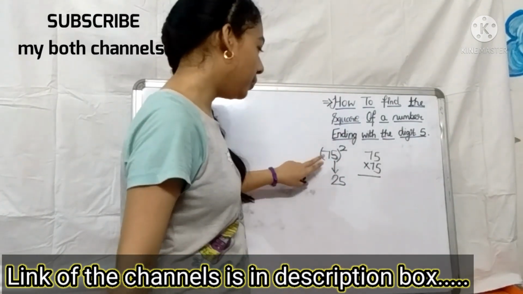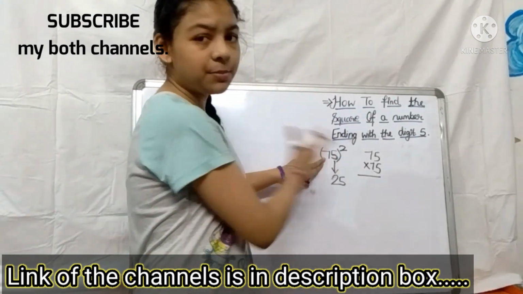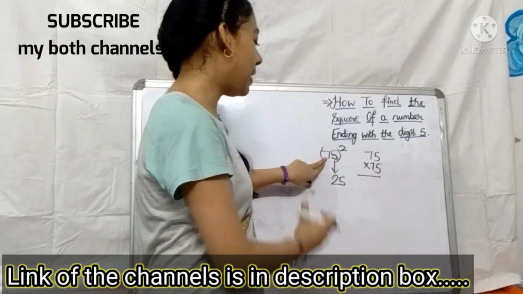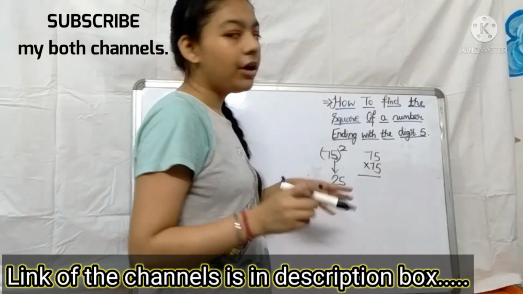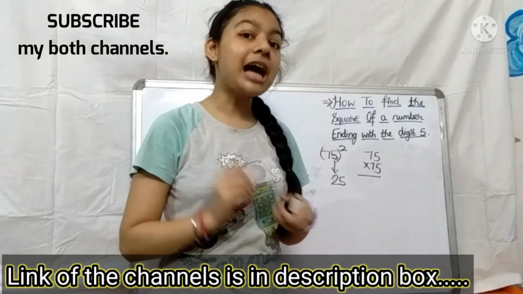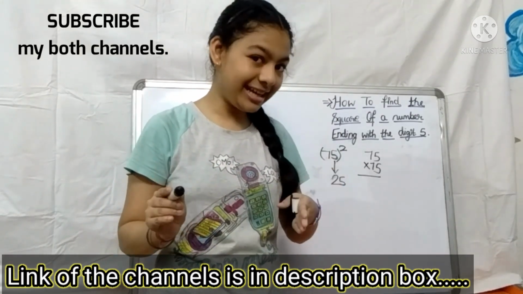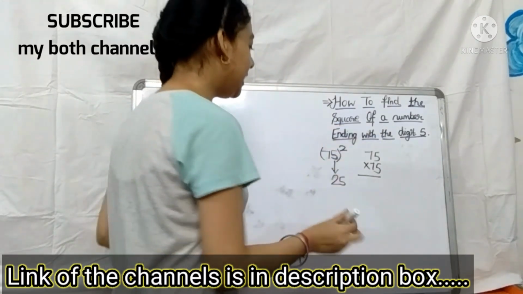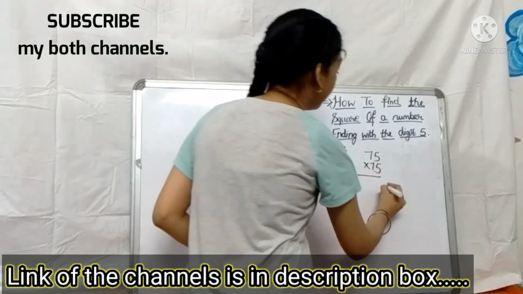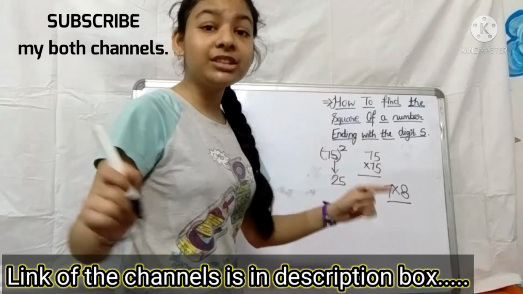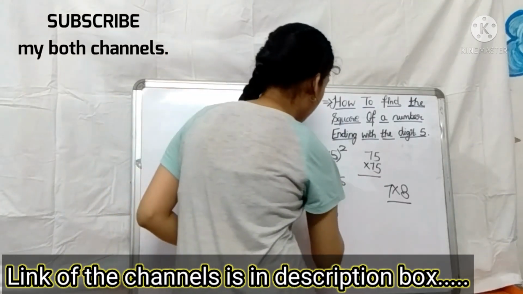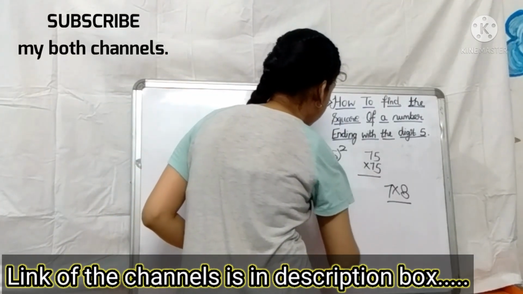Now, just before the 5 the digit is 7. After 7, what comes? After 7, 8 comes, right? So we are going to multiply this 7 by 8, which is 56. So here we are going to write 56.